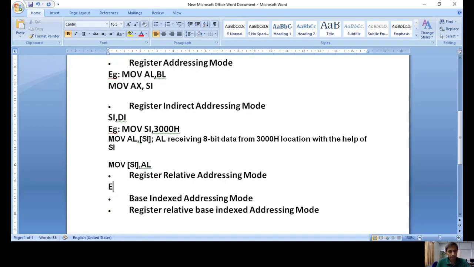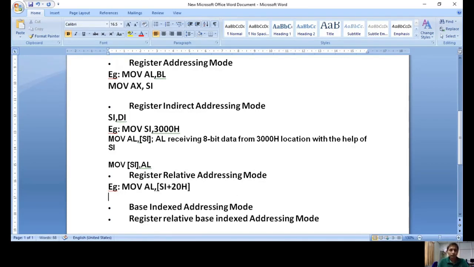Through an example we can understand easily. Let us see here. I am writing MOV AL, [SI + 20H]. What is the meaning of this instruction? AL takes data from a memory location that is a combination of the SI address and the 20H address.